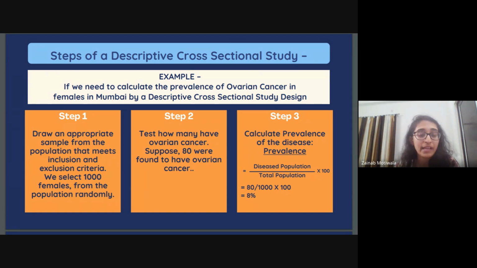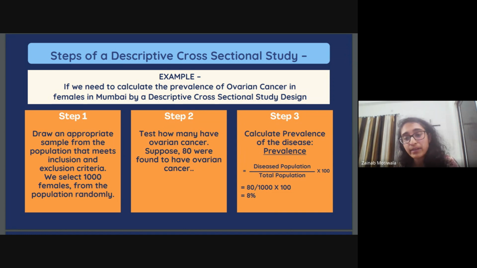We will choose a sample from a population that meets inclusion and exclusion criteria. Suppose we choose about 1,000 females that match the criteria, and we make sure that we're choosing them randomly. Then the second step would be testing how many actually developed ovarian cancer. In this case, we found that 80 women were found to have ovarian cancer.